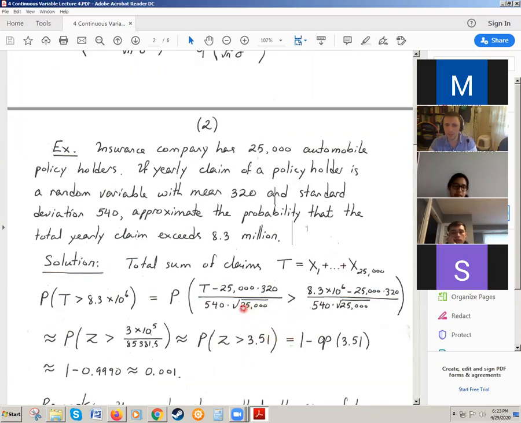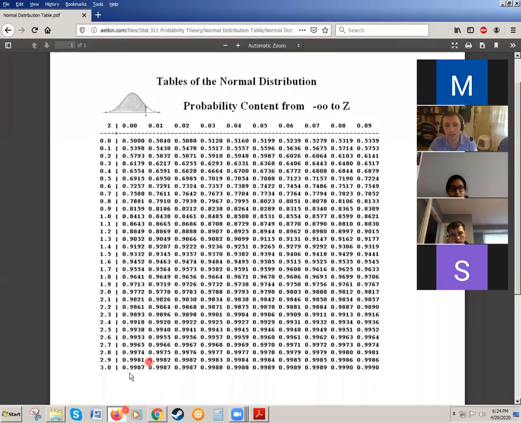Good? The idea here is very simple: no matter how each individual x is distributed, the sum of them is going to be distributed approximately normally, right? So we look at 1 minus phi of 3.51. On this table, we don't even have 3.51, it's a very low probability.